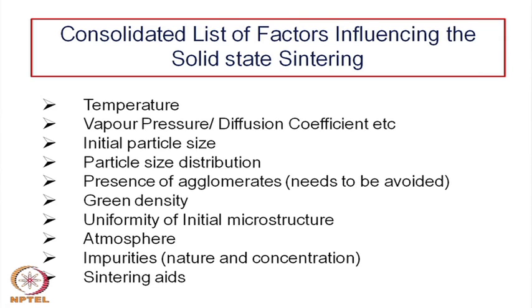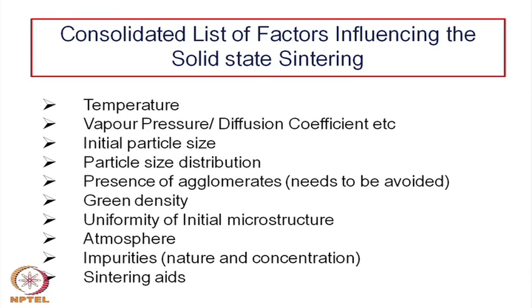The whole sintering process is a thermally activated process, and therefore, without temperature sintering just cannot take place. We need the thermal activation energy to be supplied through the thermal process, and therefore temperature has a very important role to play.